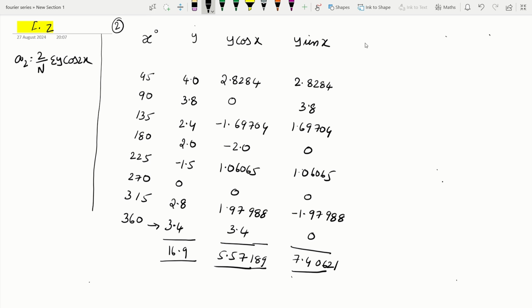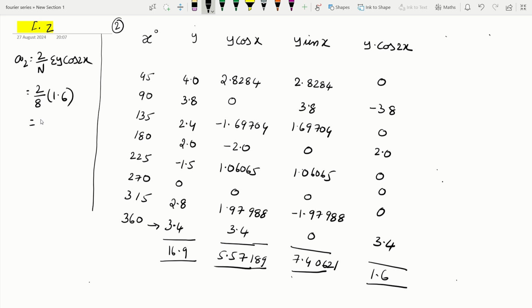Automatically, directly it will display the answer: 0, minus 3.8, 0, 2.0, 0, 0, 0, 3.4, and the sum you need to calculate, that is 1.6. Then 2 by 8 into 1.6. What is that A2 answer? The A2 answer we got as 0.4.